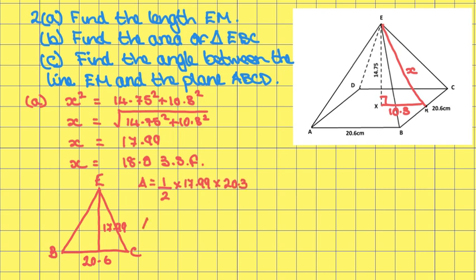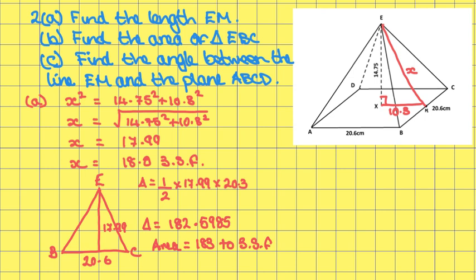So the area is equal to 182.5985. So the area is 183 to 3 significant figures.